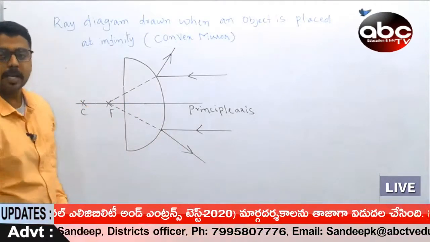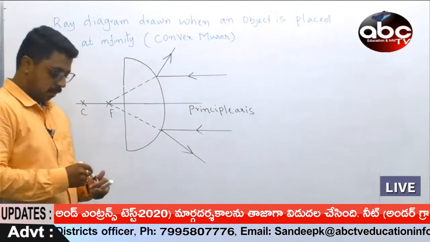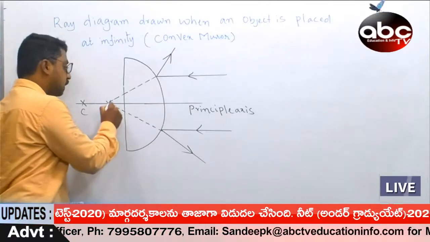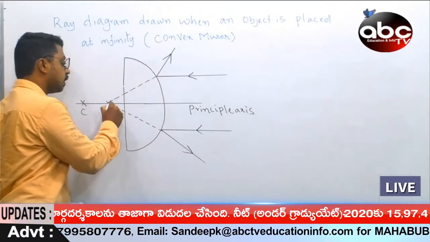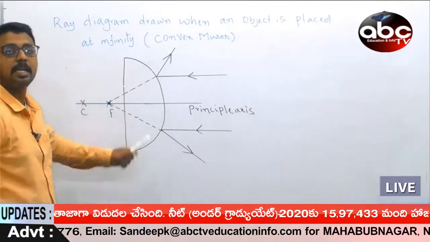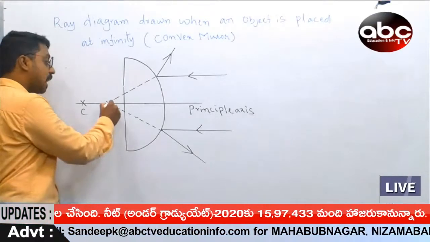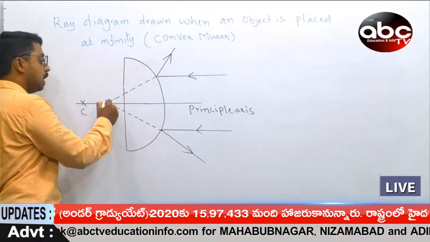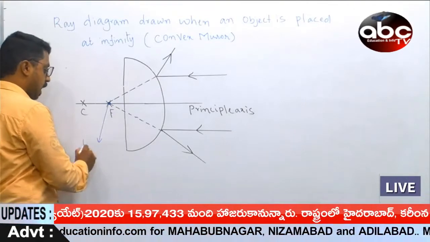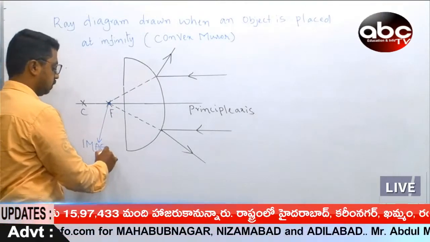On extension, what are we going to get? We are able to get the intersection exactly at the focus, and here you are able to get an image.